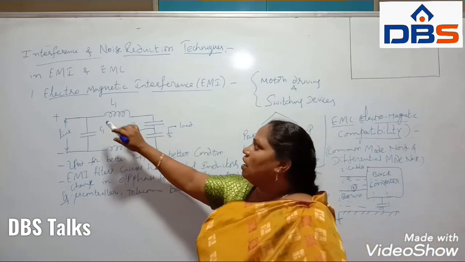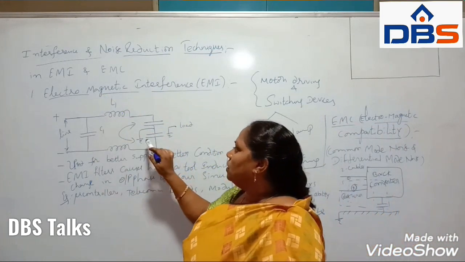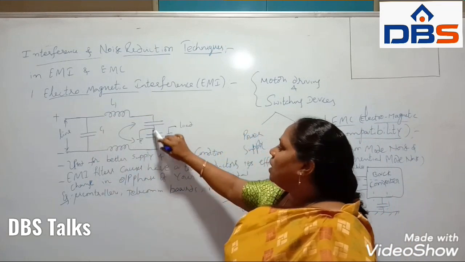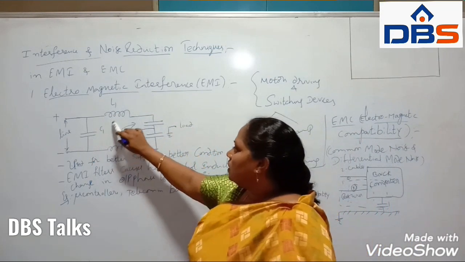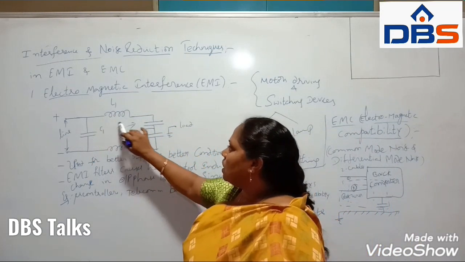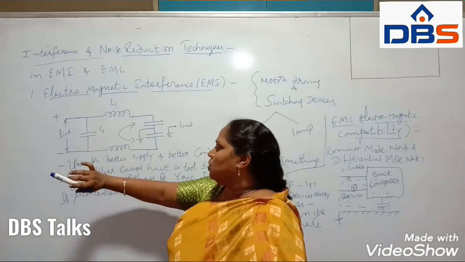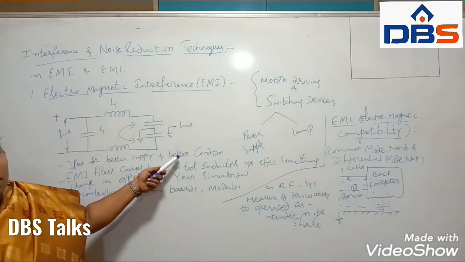First we can see the electromagnetic interference. We can take this circuit. This is the inductor and capacitor. Across these two capacitors we can take the load, and here the current sources, and here we can apply the input signal source.